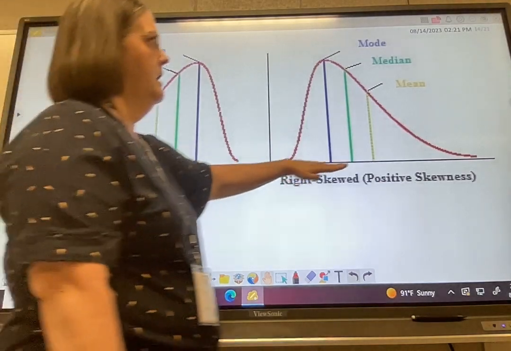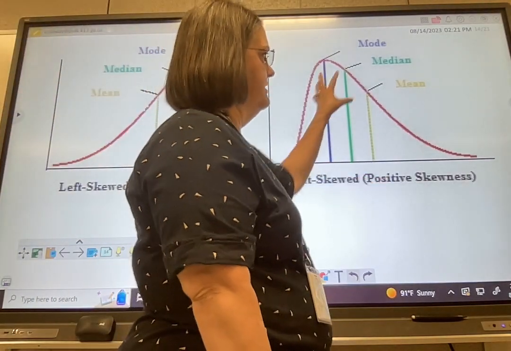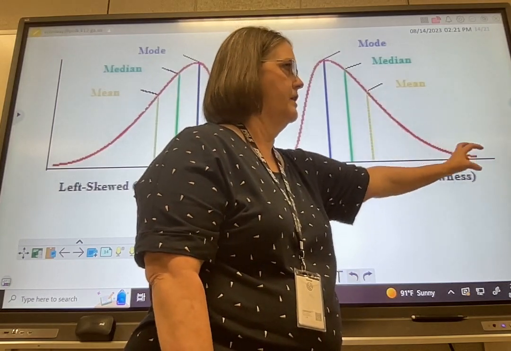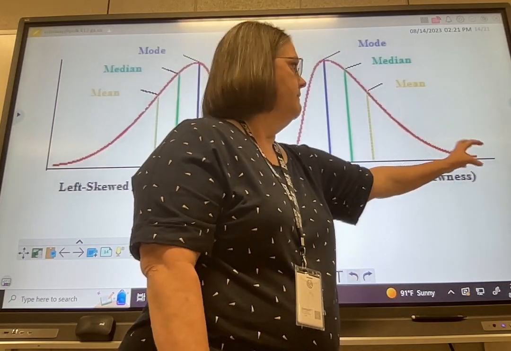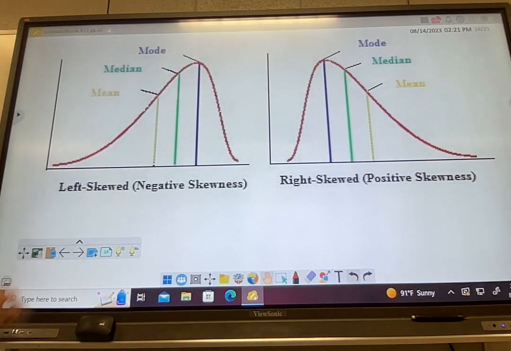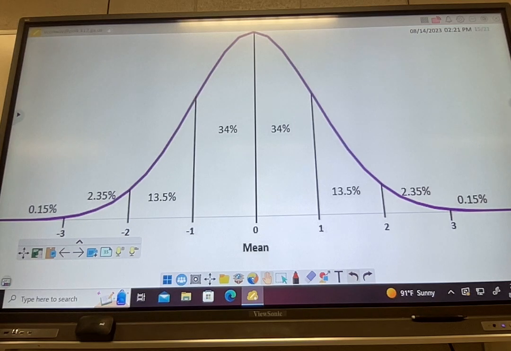And this is an image of a right skewed bell curve where you have a few pieces of data over here, outliers, that are skewing the data. These are outliers.